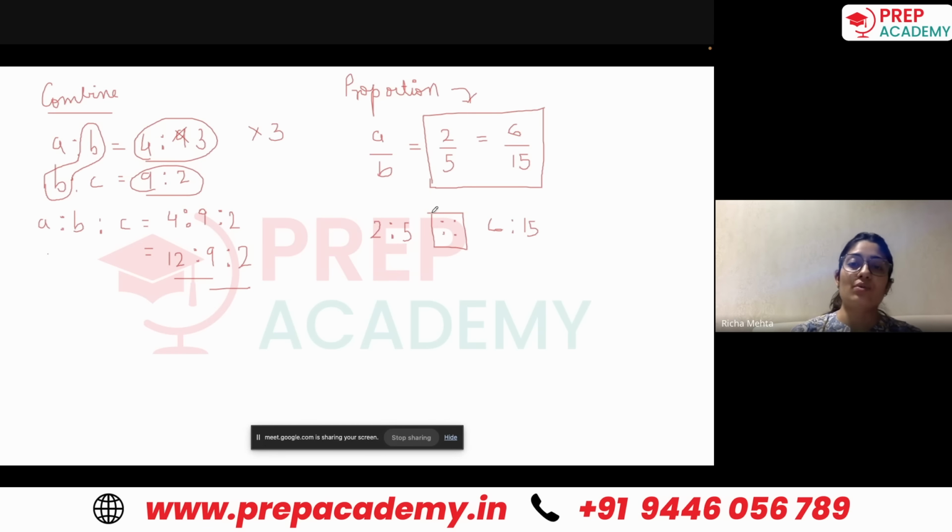Okay. So when two ratios are equal, they are said to be in proportion. So what are the properties of numbers in proportion? When these two ratios are in proportion, I can also say that these four numbers are in proportion. The first proportion is 2, second proportion is 5, third proportion is 6, and fourth proportion is 15.